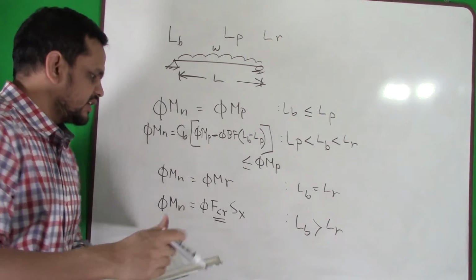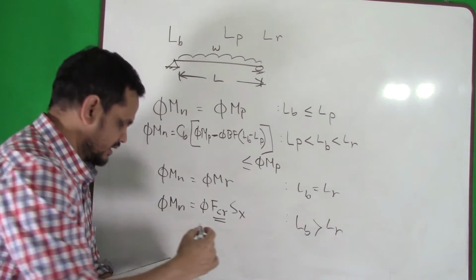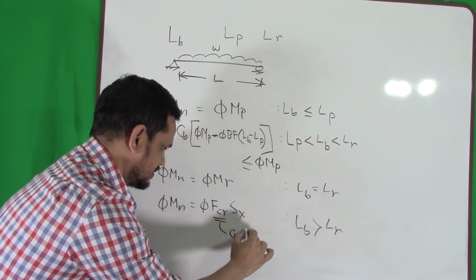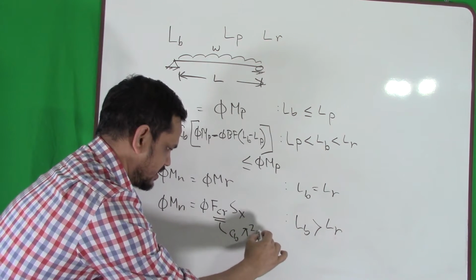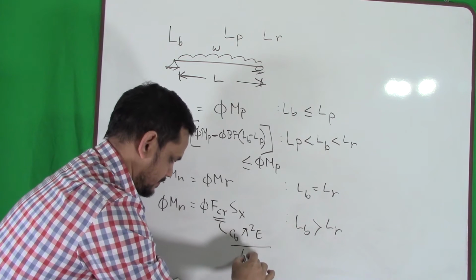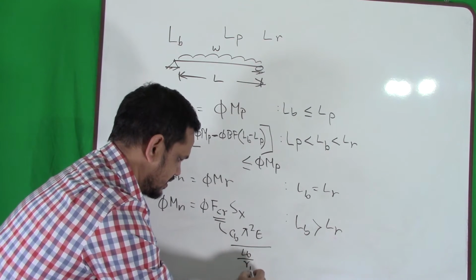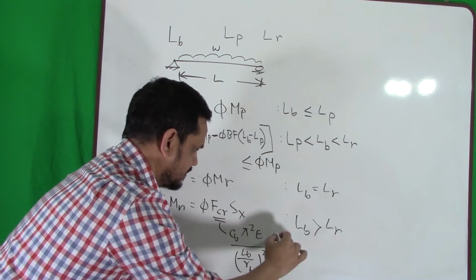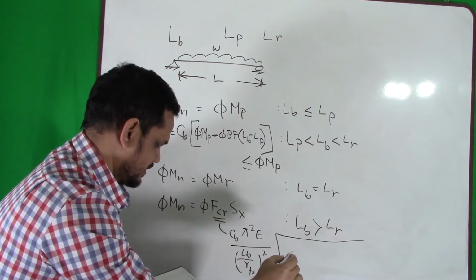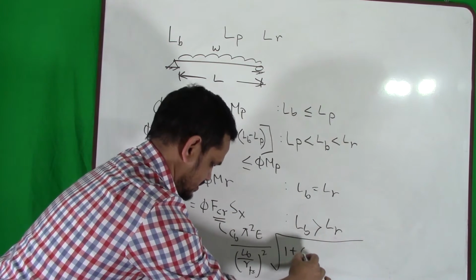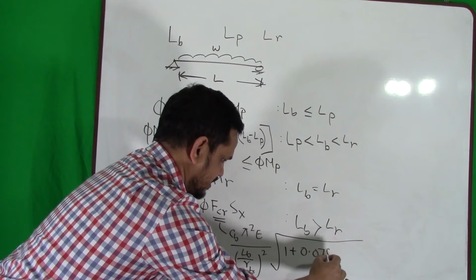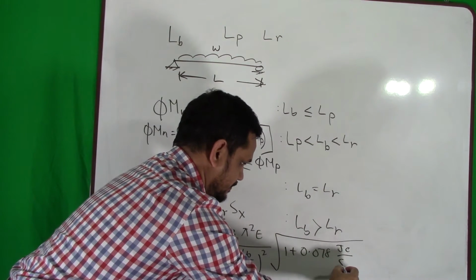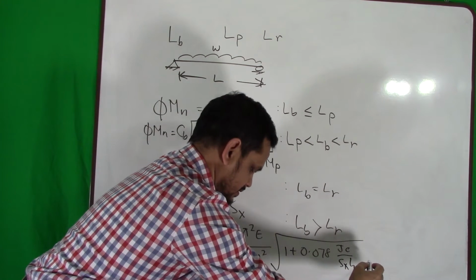Okay, let me write it down. What is Fcr? Fcr is Cb pi square E over LB over rts, squared, times the square root of 1 plus 0.078 Jc over Sx ho, times LB over rts, squared.